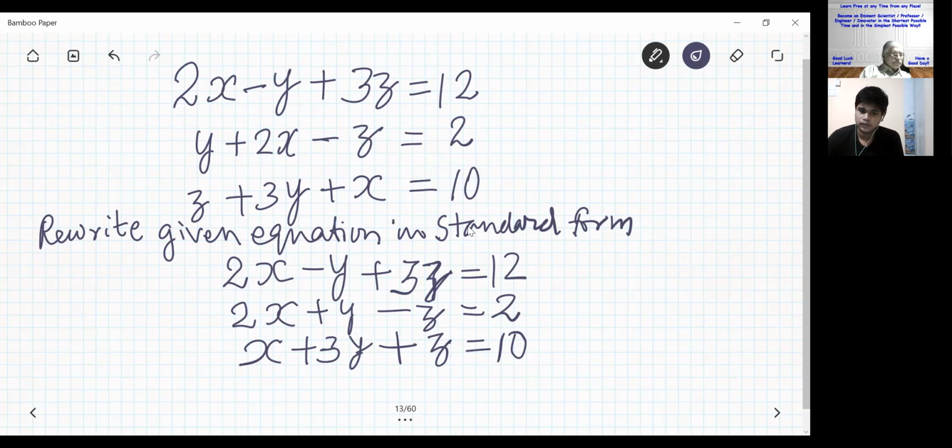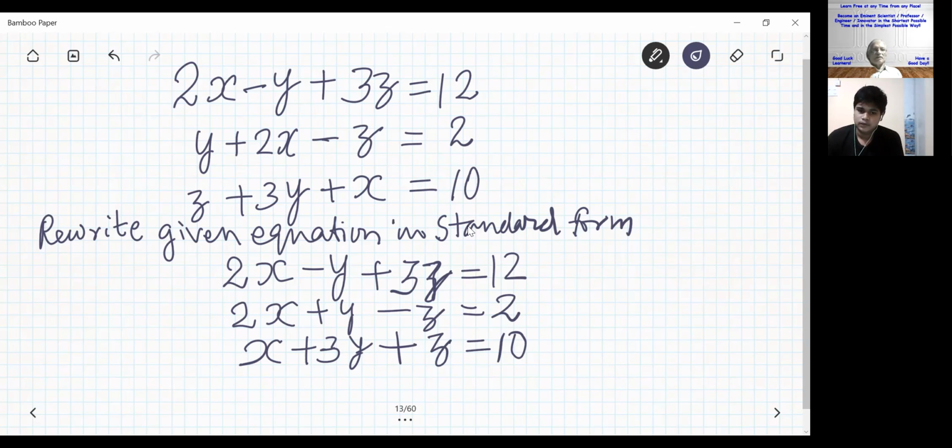Why no, sir? How is it 1, 1, 3? What is the equation you have written? 2x minus y plus 3z, 2x plus y minus z, x plus 3y plus z.